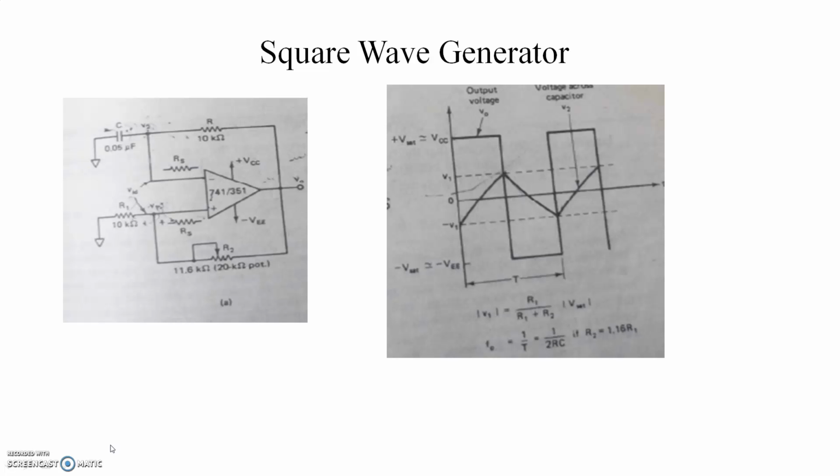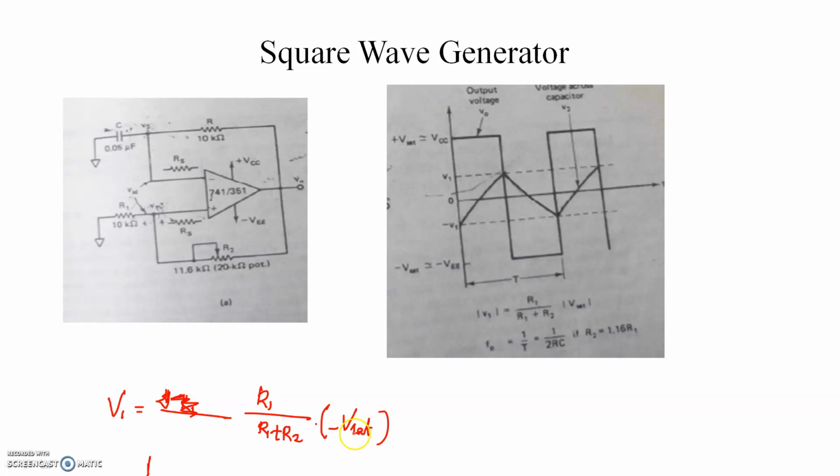When the output voltage is forced to minus Vsat, the voltage V1 across R1 also becomes negative. The voltage V1 across R1 can be written as V1 equals R1 by R1 plus R2 times minus Vsat.